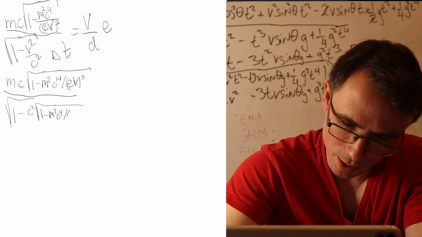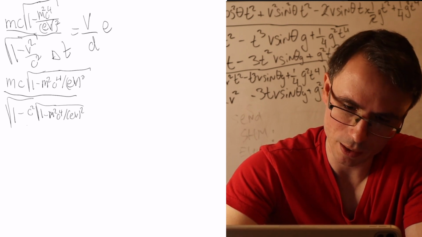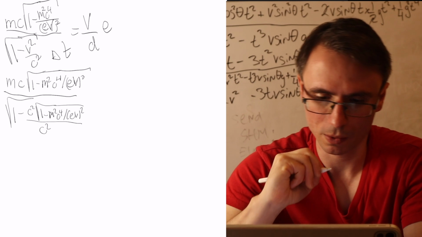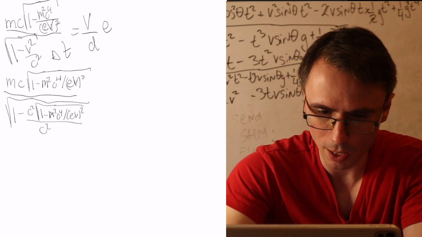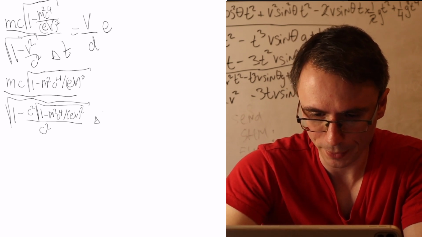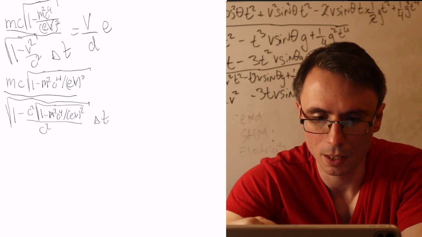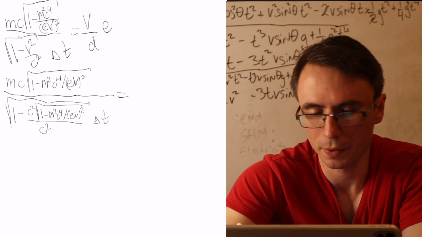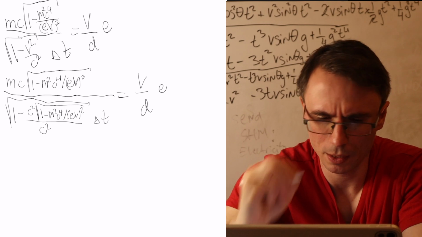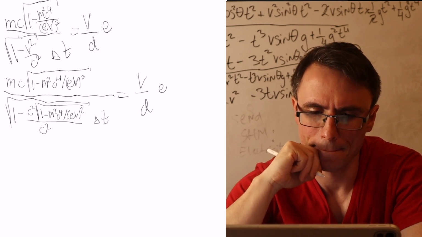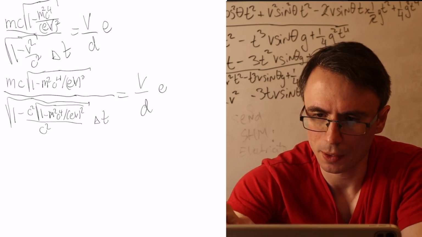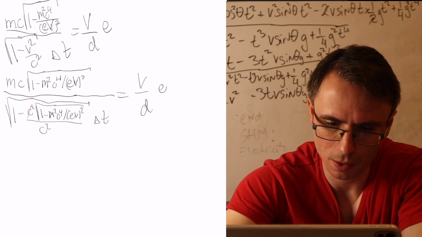Divide that by eV squared, divide that by c squared. Okay, end of the square root, delta t. Okay, maybe we're getting somewhere. So this here will be equal to Vd times E. Okay, a bit of cancelling. This and that.